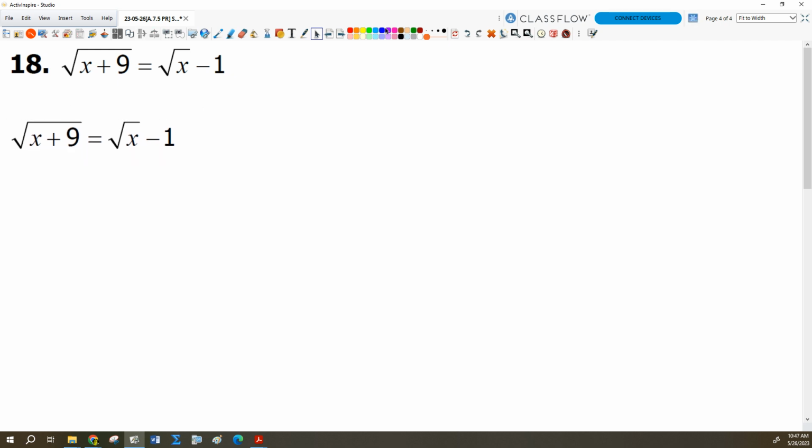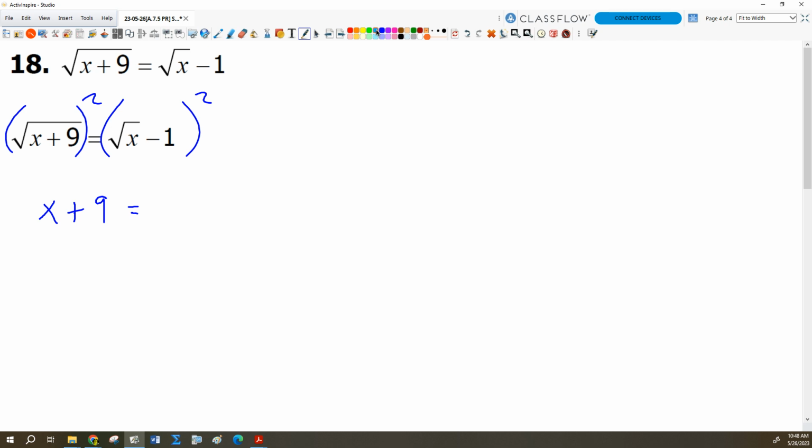When I square both sides, the left side's easy. Just getting x plus 9. The right side's a little bit tricky because what I'm really having to do here is square out that binomial.